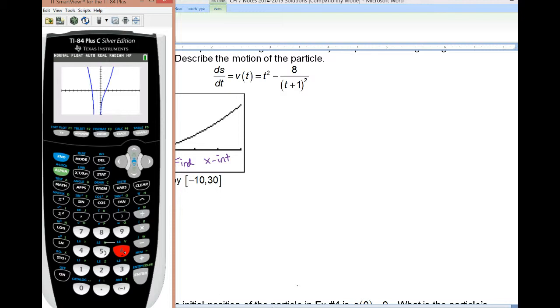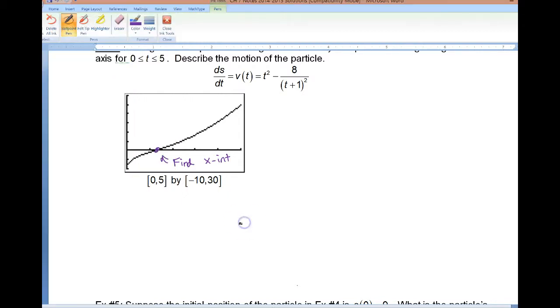It's not necessary. So let's find the 0. And we get 1.255.